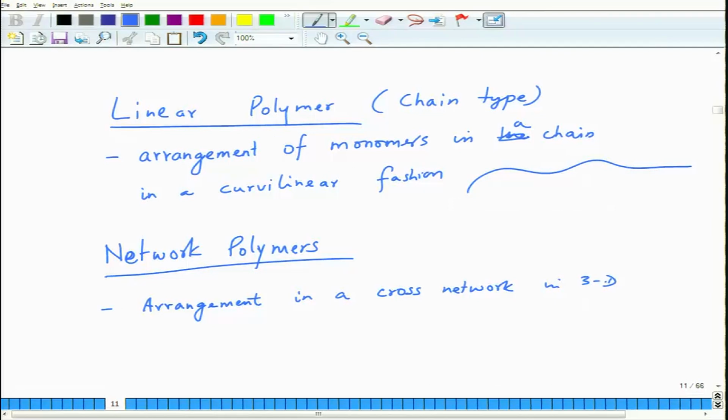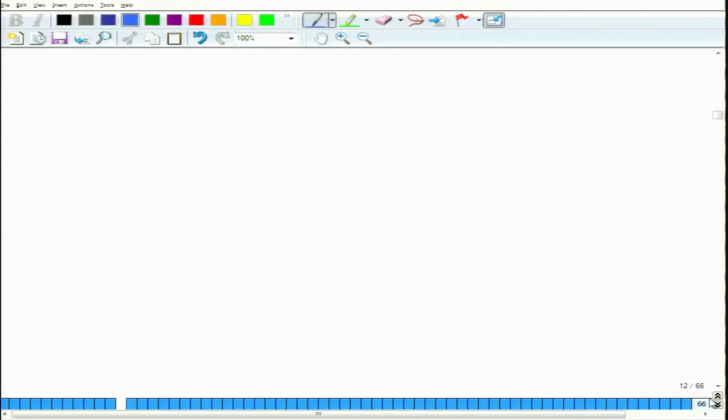So there is a crisscrossing. They are branched in 2D, and they are also branched in other dimensions. So they are a branched, cross-linked network in 3 dimensions. Okay. So let me now define polymers.